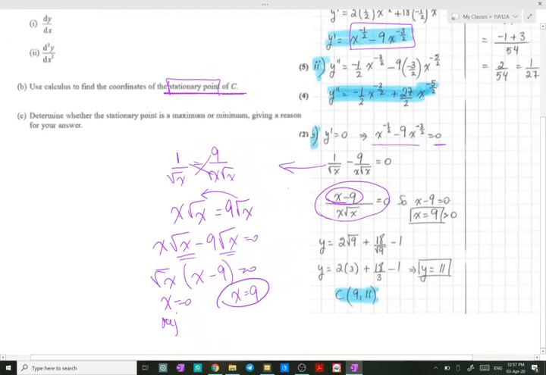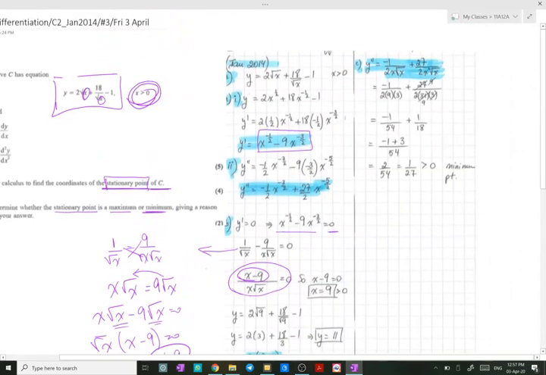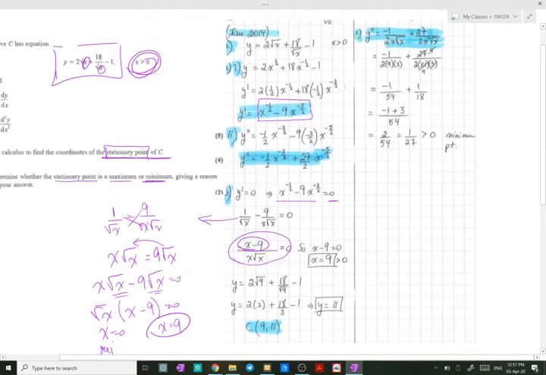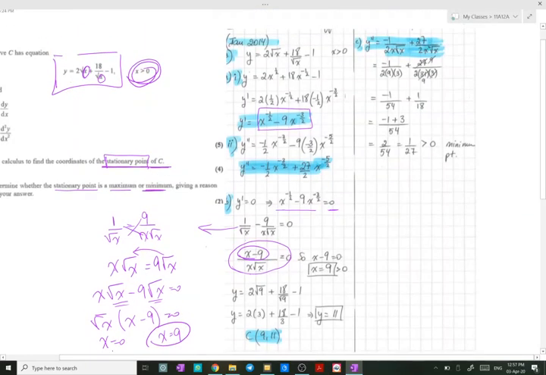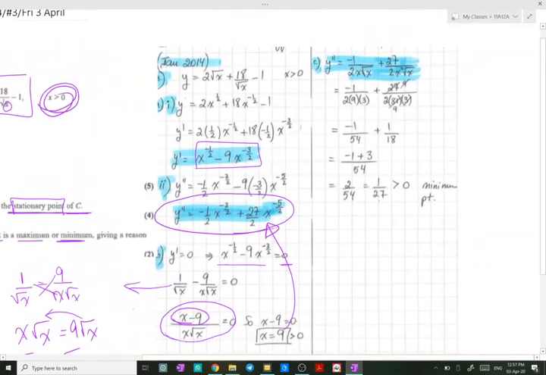In part C, determine whether the stationary point is maximum or minimum, and you should give a reason. So in order to determine if the stationary point is maximum or minimum, we need to use the second derivative. Using the second derivative and replacing the x in here, you're going to get the value which is greater than 0.